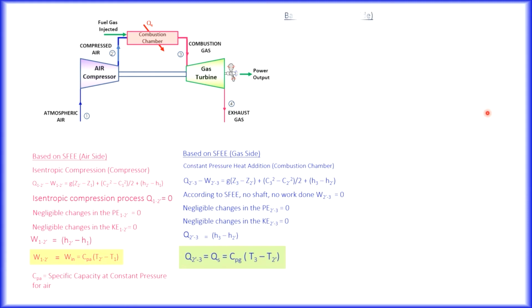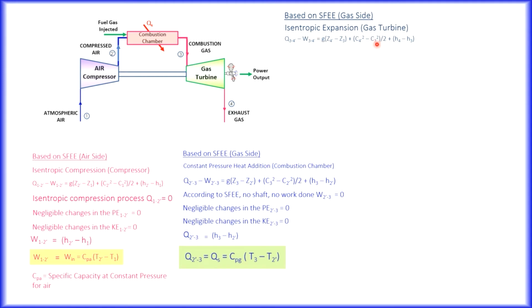Then a turbine, again based on the steady flow energy equation, isentropic expansion. This is your steady flow energy equation. Isentropic, so we don't have heat flow, so this term can be neglected. The specific potential energy change and the specific kinetic energy change can both be neglected as well.